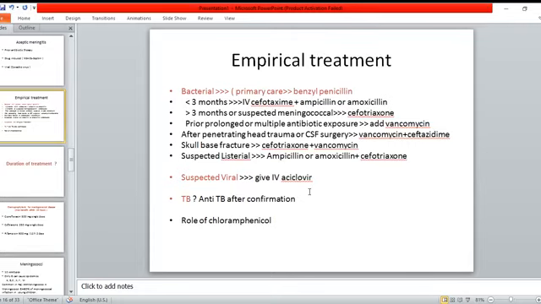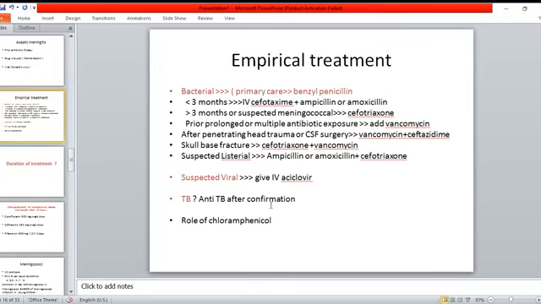If you can't differentiate whether it's bacterial or viral, or the CSF is inconclusive, you may give antibacterial ceftriaxone plus acyclovir.